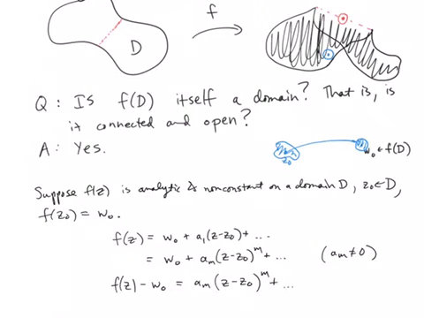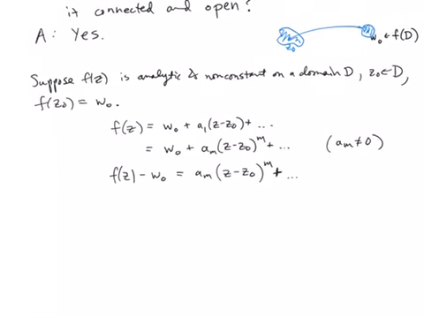It has to have some order because we know that our function is not constantly equal to 0. f of z is not the constant w naught, so f of z minus w naught can't be the constant 0. So we have to have some m where this is true. And so if we pull the z minus z naught to the m out, we have that times a_m plus blah, blah, blah.